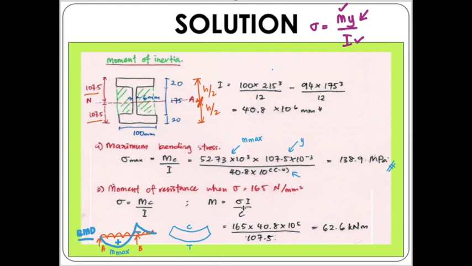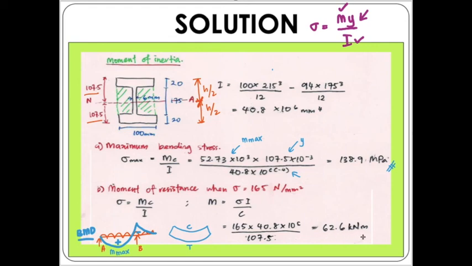So instead of calculating the value of the stress, now we are calculating the value of moment. By substituting the value of 165 into the equation, we get the moment of resistance of 62.6 kilonewton meter.